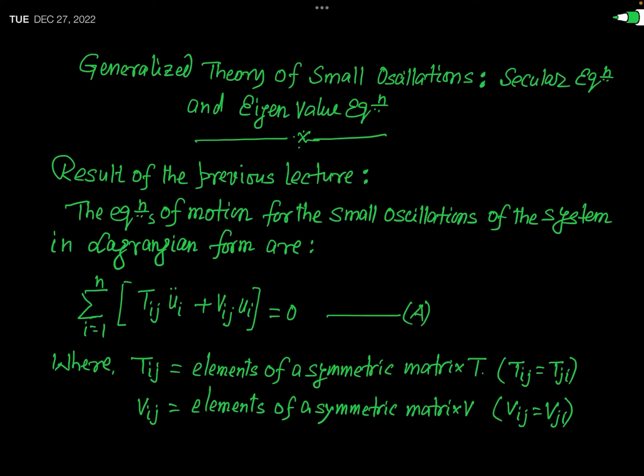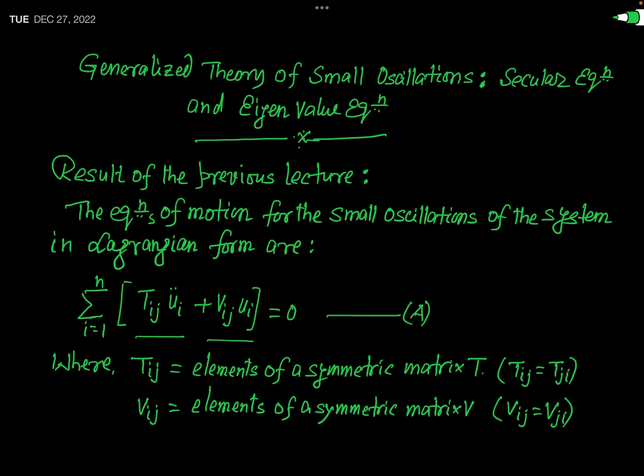You have seen that in the case of a small oscillation of a system, when we applied the Lagrange equation of motion, the final equation of motion for small oscillations which we obtained was like this: summation over i from 1 to n of Tij ui double dot plus Vij ui equal to 0. I hope you can remember this result, because this was the last result of the previous lecture on the generalized theory of small oscillations.